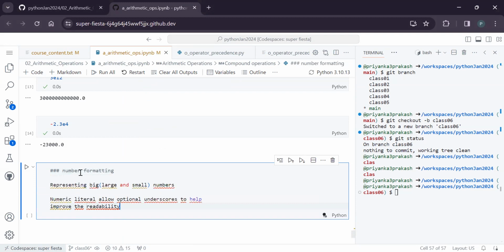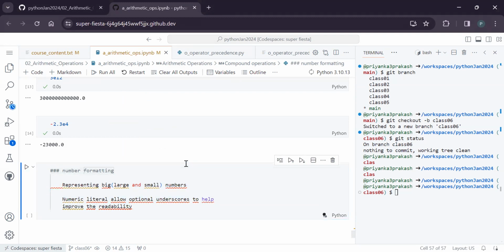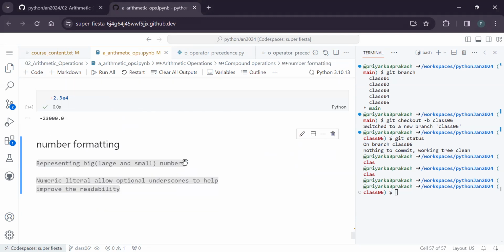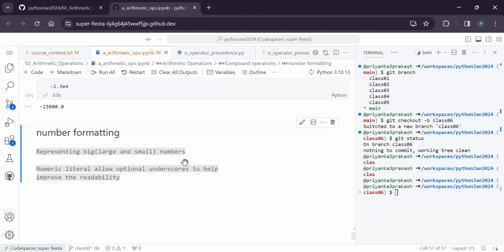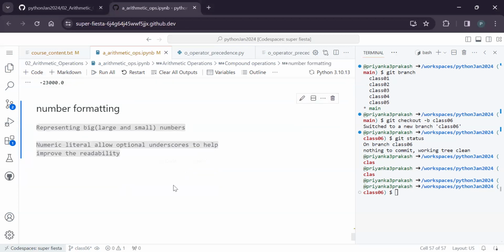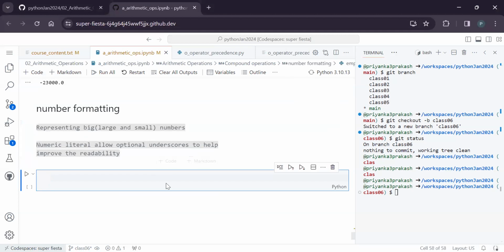It is basically useful whenever you want to work with larger numbers. If I want to make it a markdown cell, I can press Escape M, which is a shortcut for converting anything to a markdown cell.